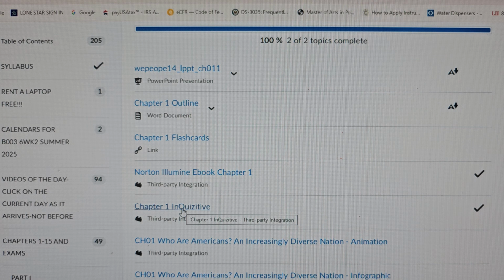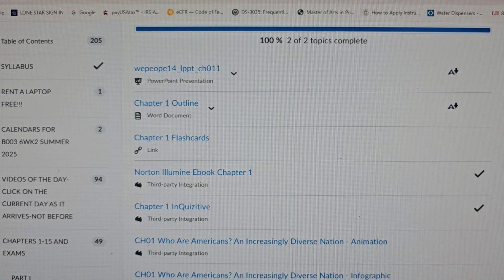So they help you out. So you cannot fail on these inquisitives. You just keep answering questions till you get enough of them right that you get a perfect score. So you make 100 on every inquisitive because you just answer however many questions it takes in order to get a perfect score.